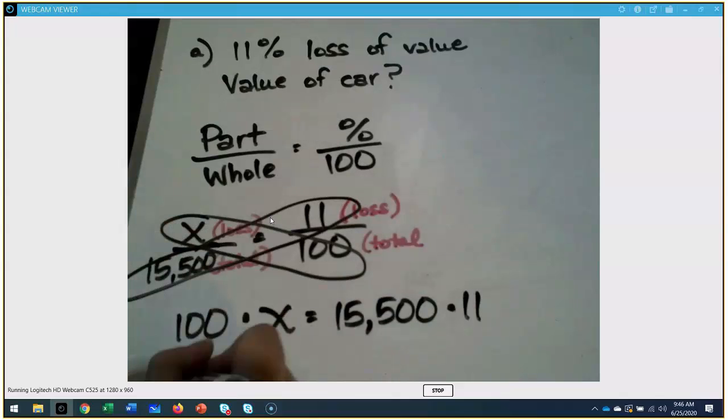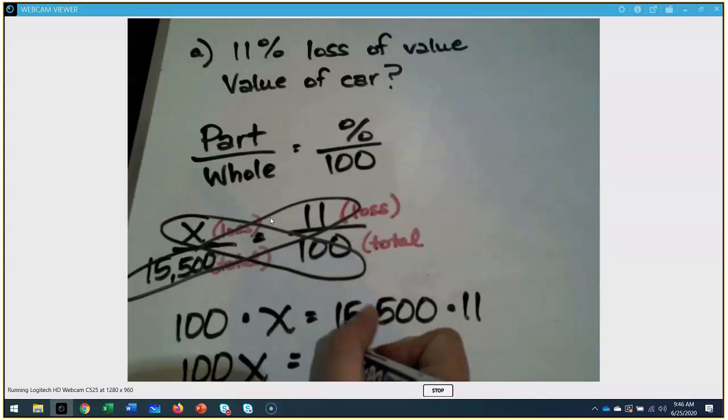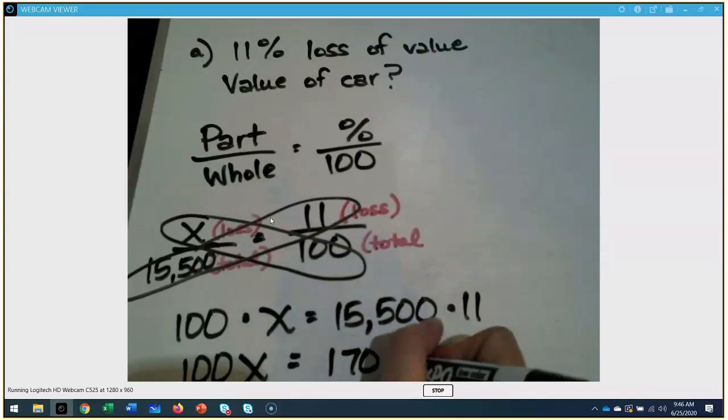Here's my setup. This is 100x, and 15,500 times 11 gave me 170,500.